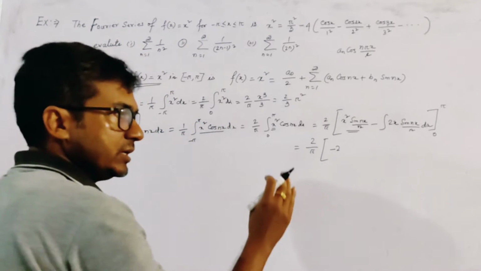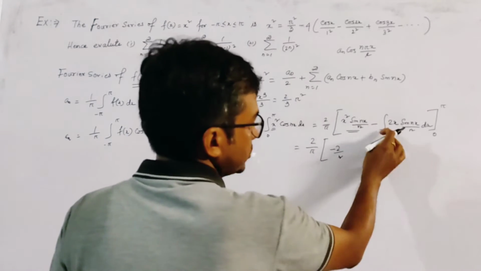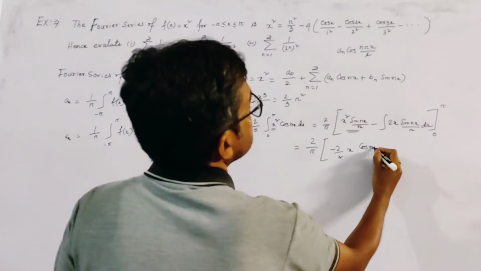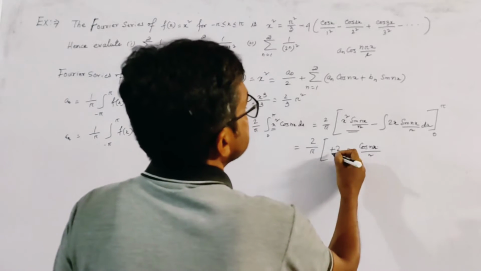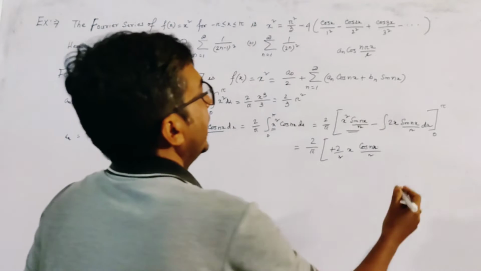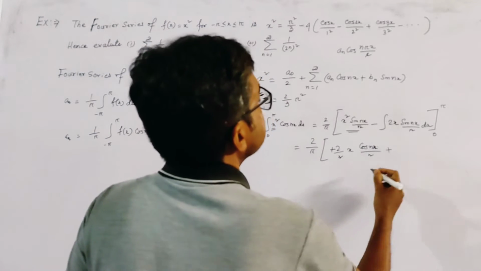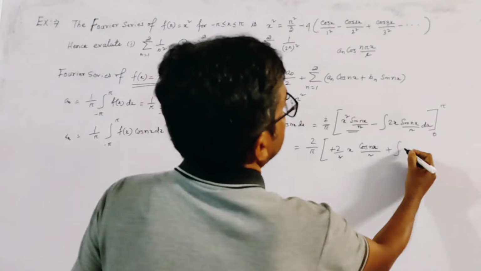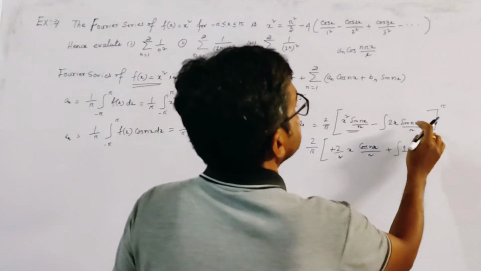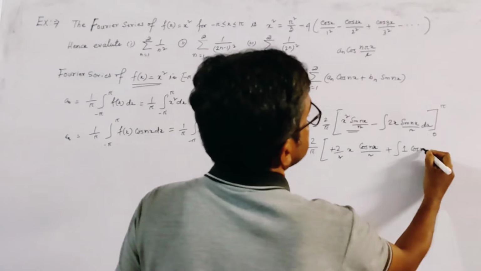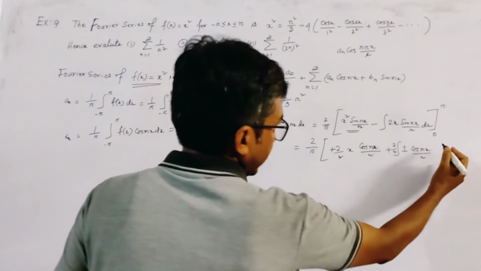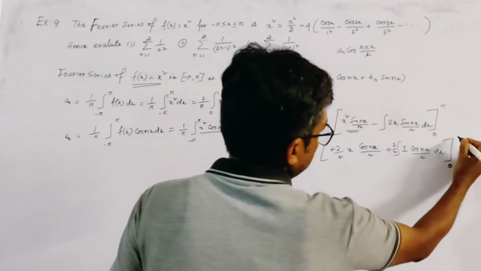Again we integrate this term, we get 2 by n minus 2 by n into x into integration cos nx by n, and this is plus here because the integration of sin nx is minus cos nx, and minus, so this is also plus, integration, this is the derivative of x, this is 1, and the integration of sin nx is cos nx by n, and already 2 by n is here, and this is dx, and the range is 0 to pi.